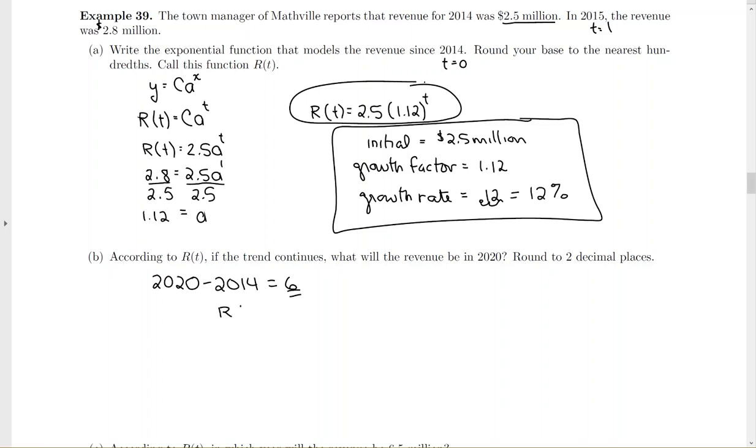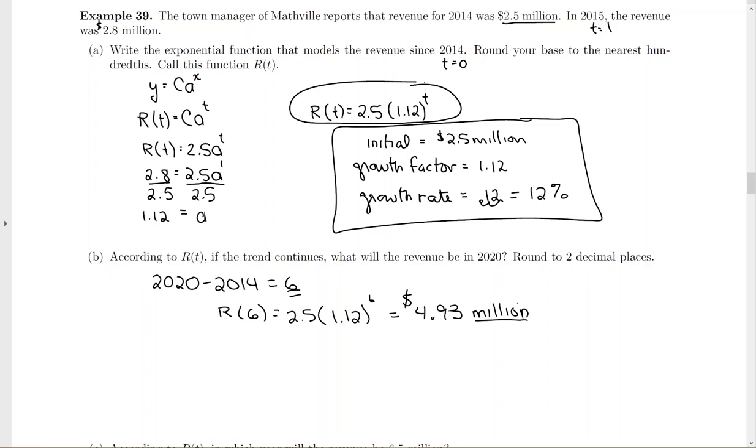So R of 6 equals 2.5 times the 1.12 raised to the 6th power. Now in this one it says round to 2 decimal places. So when you do that and put the unit labels on it, it comes up 4.93. Remember, the output is the money, and it's in millions of dollars. So again, don't tack on the zeros. If they use the word, you use the word.